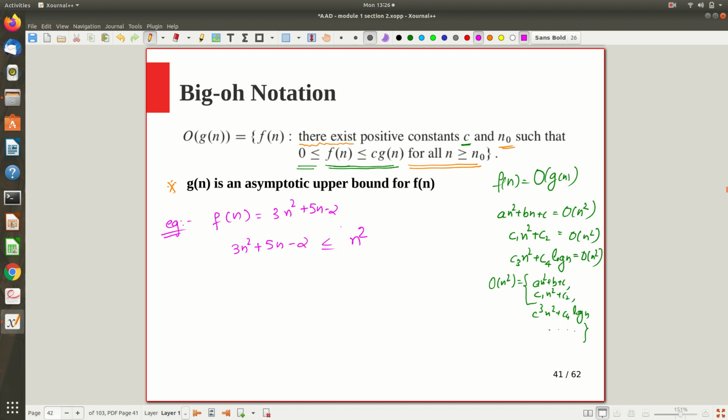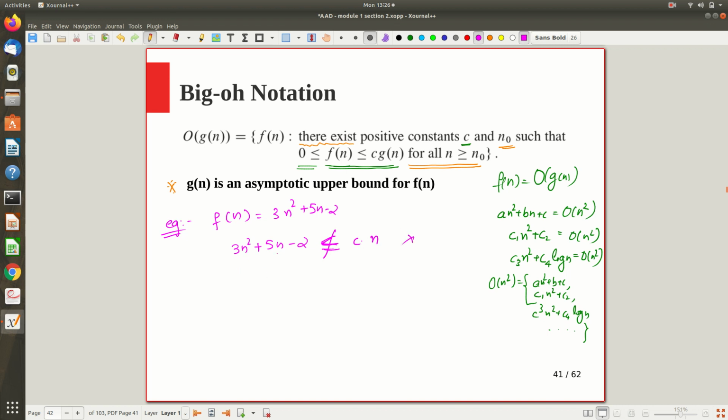So you can have this relation with many functions. We will see one by one, but if you are taking some c into n, this condition is not going to be true, because here a bigger term is there, n square. So if you try to make it bigger, as it is n only, whatever bigger constant you take, this n square is going to beat it. So this is not going to work.